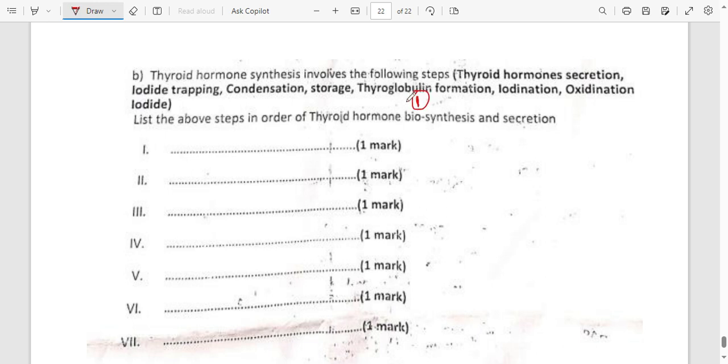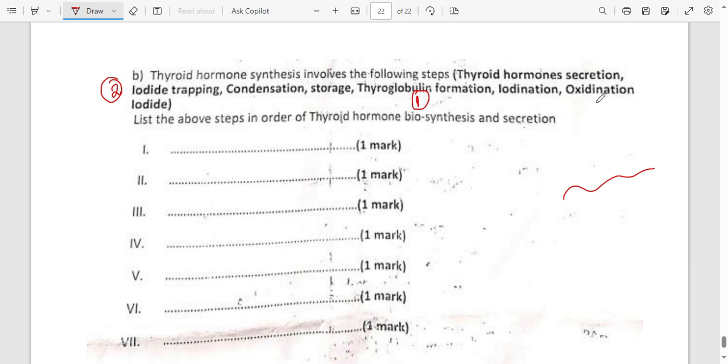And then after that, you are going to have your iodide being trapped from the blood after you have formed your thyroglobulin. So you are going to have iodide trapping. Thyroglobulin is something like this; you have formed a molecule which is like that. And then when you trap your iodide, you're going to oxidize your iodide using what is known as thyroid peroxidase.